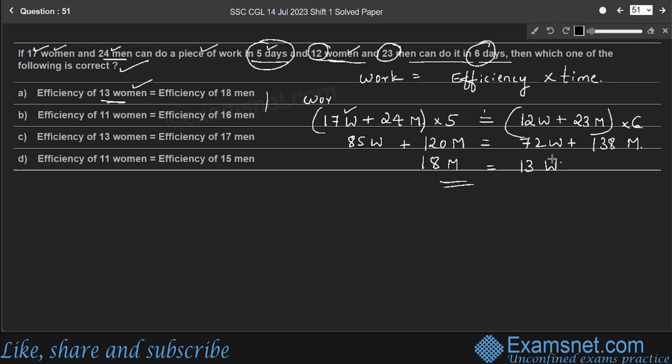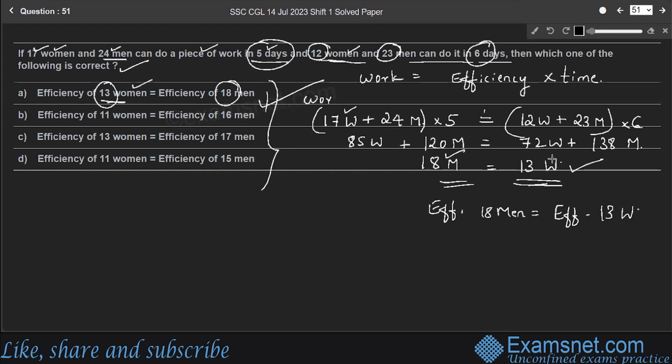So the efficiency of 18 men is equal to the efficiency of 13 women, right? Look at the options. So the efficiency of 13 women is equal to the efficiency of 18 men. So option A is the right answer.